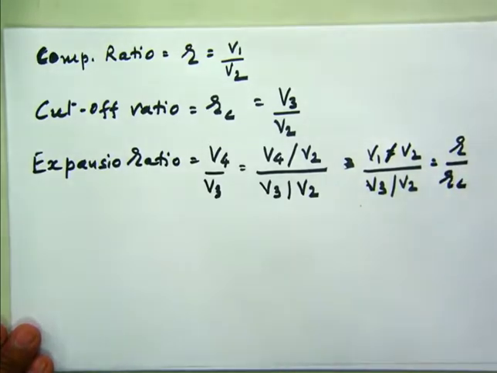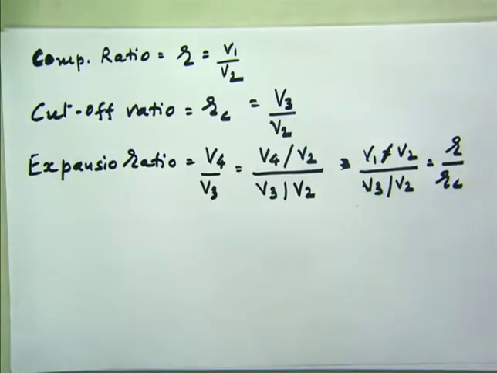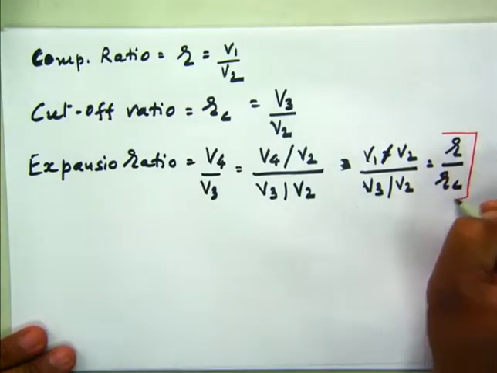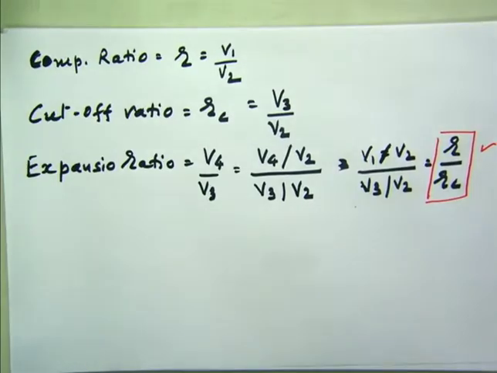Expansion ratio is equal to R upon RC, compression ratio upon cutoff ratio. This is very important.